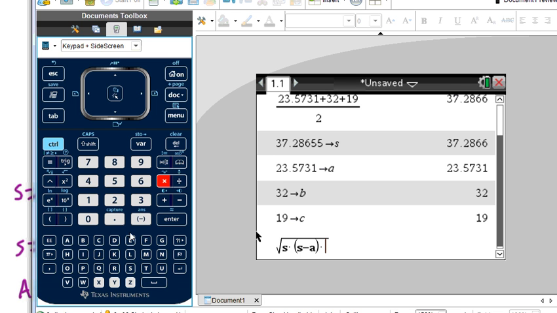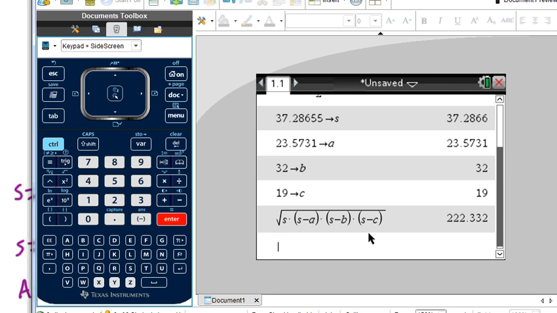I'm going to multiply that, open parentheses, S minus B, okay, times, open parentheses, S minus C. I've also written a Heron's formula program that I'm going to show in most of my classes. Anyway, that's our area, 222.570.332 square units.